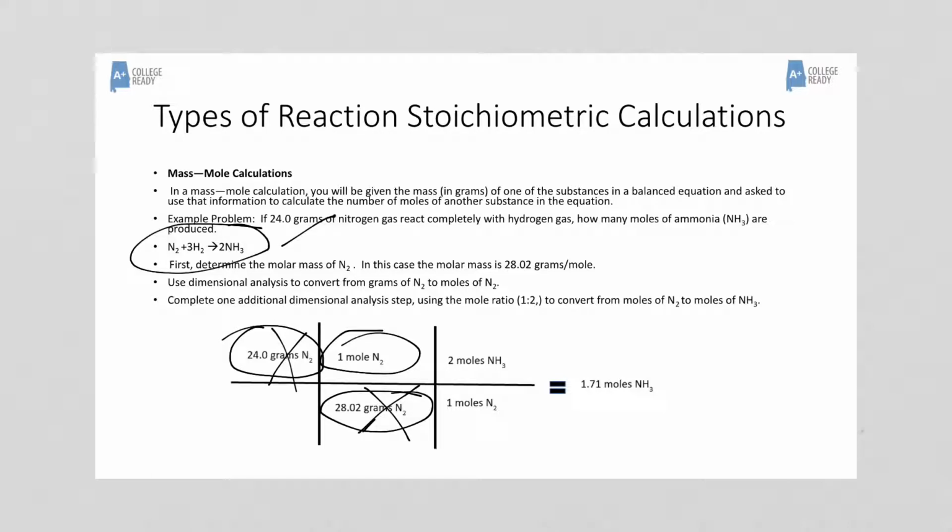And if we look at our balanced equation, for every 1 mole of nitrogen that we start with, we produce 2 moles of ammonia. The nitrogen portion of that mole ratio goes on the bottom so that it'll cancel. Now we multiply across the top. We divide by the 28.02 on the bottom, and we expect to produce 1.71 moles of ammonia if we start with 24 grams of nitrogen gas.